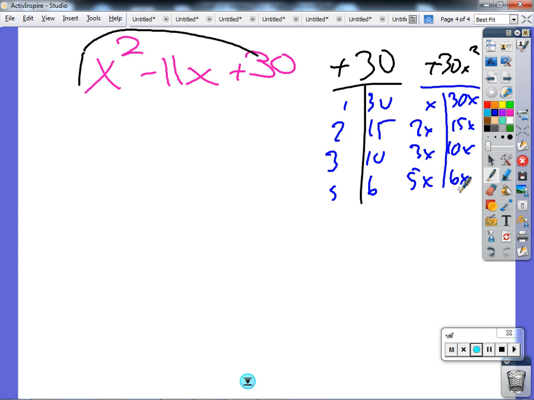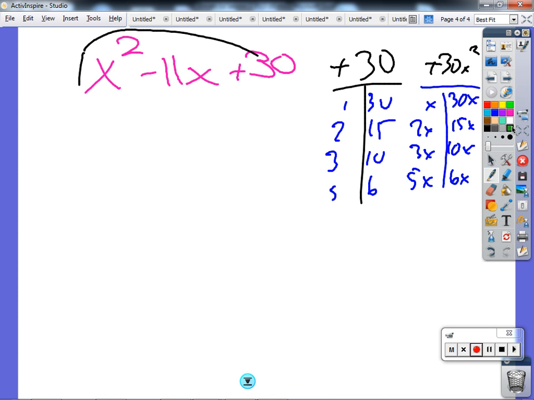So, you just take the first number times the last number, your A times your C value. Now, she just said the 30x squared, so I'm going off of what she said, so you can still use it. So, we're going to add.